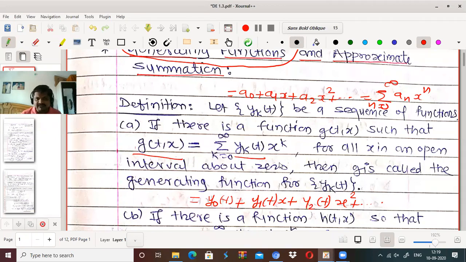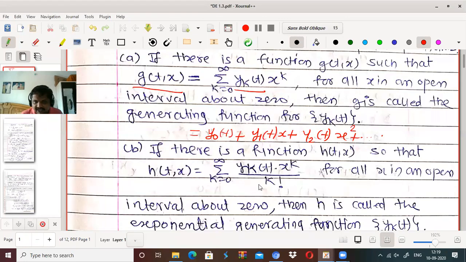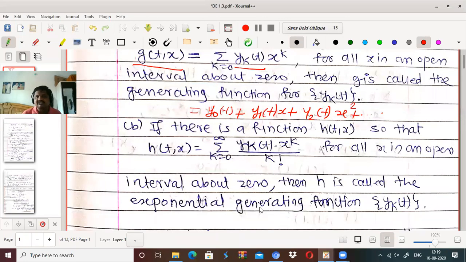This is called the generating function, and the second concept is the exponential generating function. So g(t,x), if it is written as the sum from k from 0 to infinity of y_k(t) x to the power k, then g(t,x) is called the generating function of the sequence y_k(t).